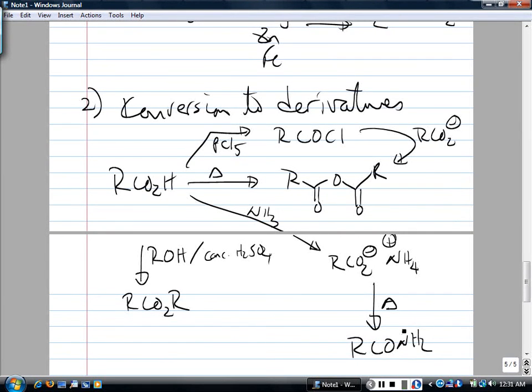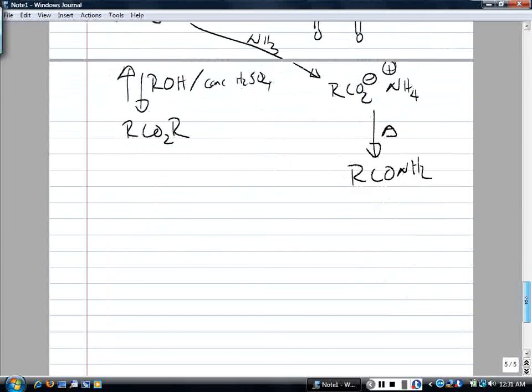The best way of doing this one, because this is actually an equilibrium, is to treat the carboxylic acid with the PCl5 and then treat the acid halide with an alcohol to make the ester. And you get really good yields with those reactions. So really the best way of converting carboxylic acids to the derivatives is to first convert to the acid halide and then do a second reaction.